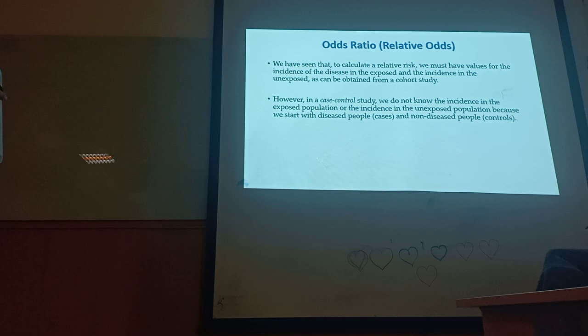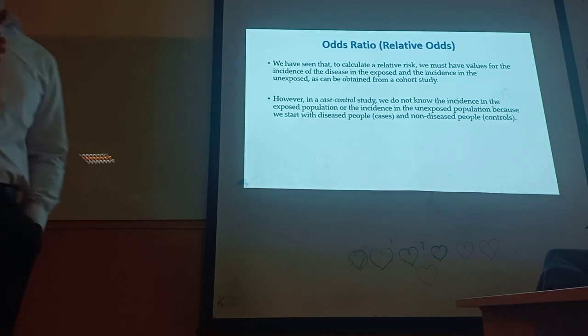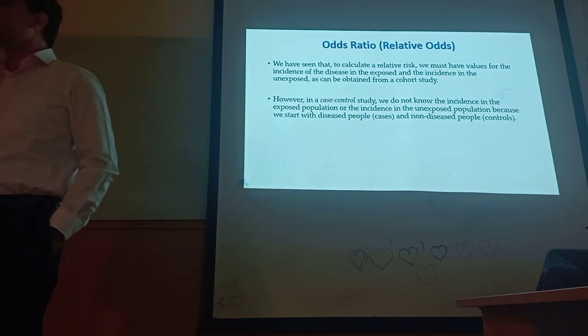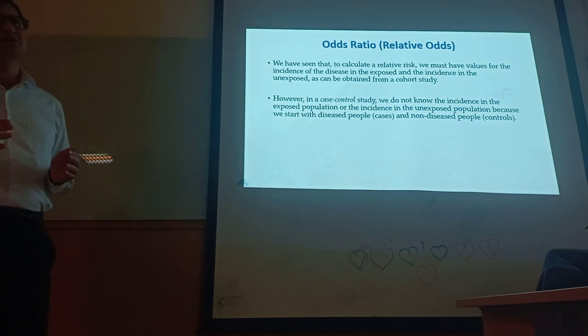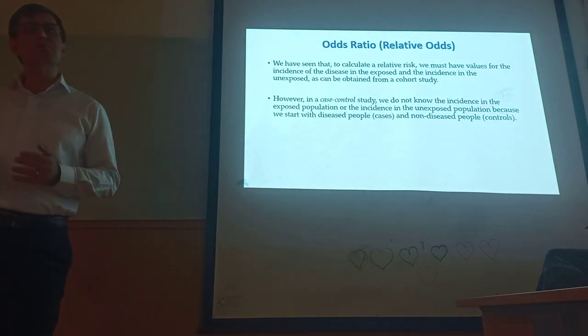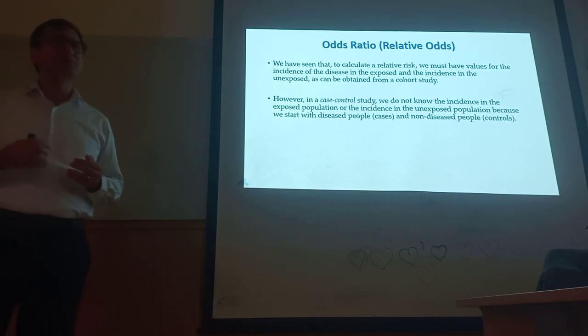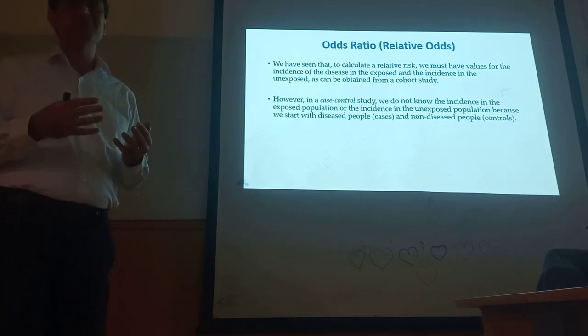We talked about different designs, and we discussed that we can calculate the risk in clinical trial studies and cohort studies, but the risk cannot be calculated in case control studies. Because in clinical trials and cohort studies, we move from exposure to outcome.